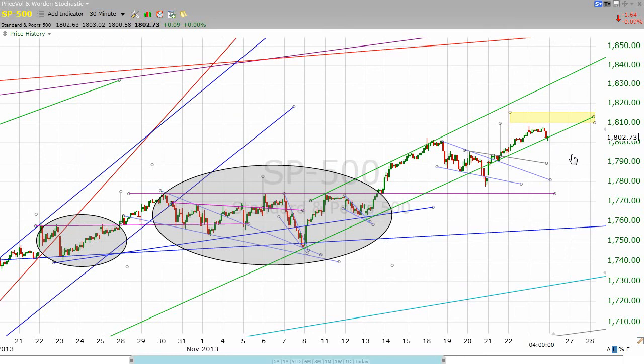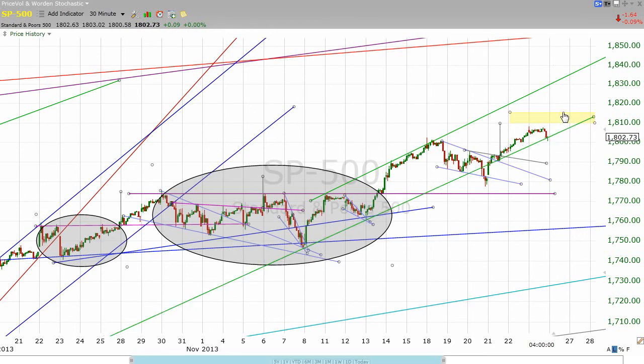I didn't see any real good reason for it in the chart, but it still happened, so we have to keep an eye on it. But I'm still going to keep this target in mind, with the understanding that it's likely between 1810 and 1815.